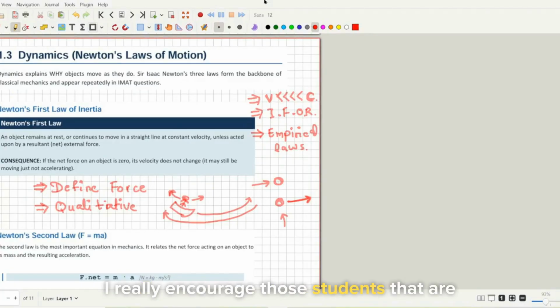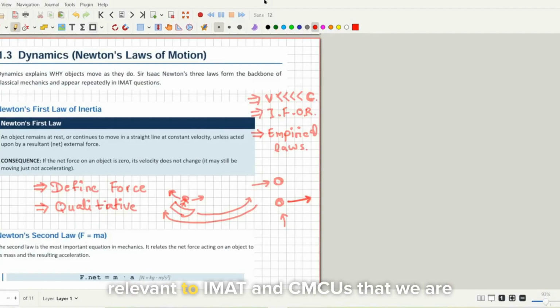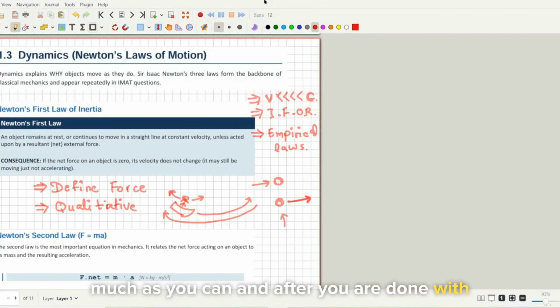I really encourage those students that are solving those kinds of questions, but don't solve them if you are not done with the current paper pattern, because the IMAT exam is going to be really relevant to the IMAT Sensei MCQs that we are providing to all of you. So solve all those MCQs, practice them as much as you can, and after you are done with those MCQs, then you can switch to other types of MCQs that might appear.